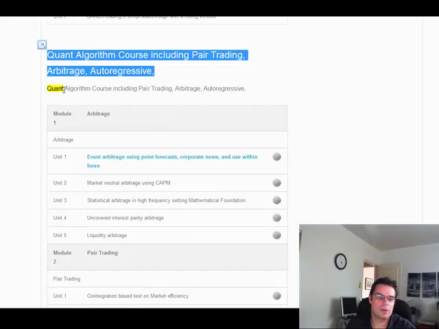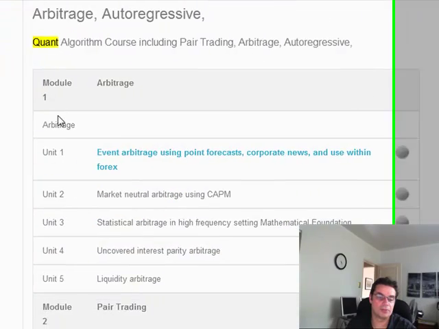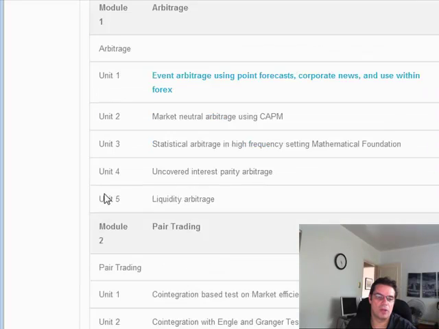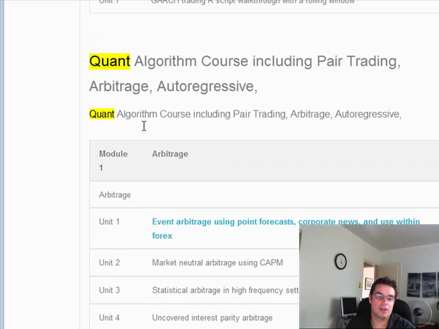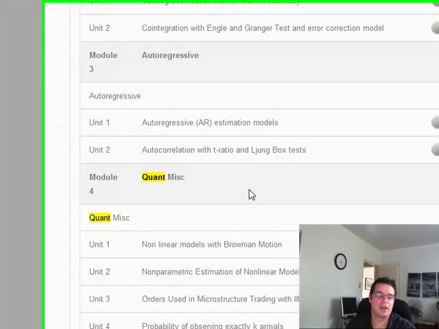The courses are divided into modules, and each module has units. In this case, the quant algorithm course, including pair trading, arbitrage, and auto regressive, has modules on arbitrage, pair trading, and auto regressive.